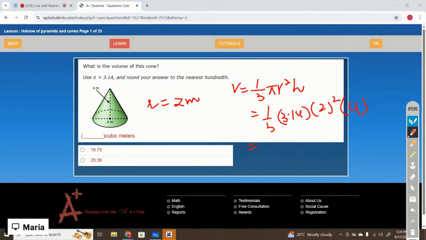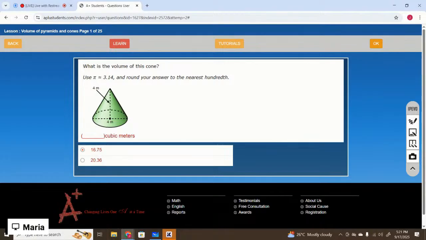So option number 1 is the correct option, that is 16.75.